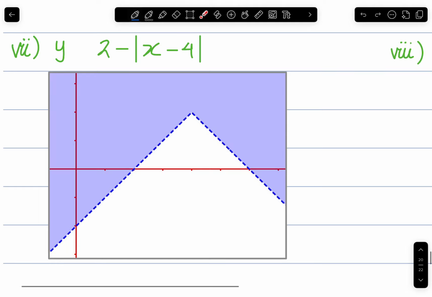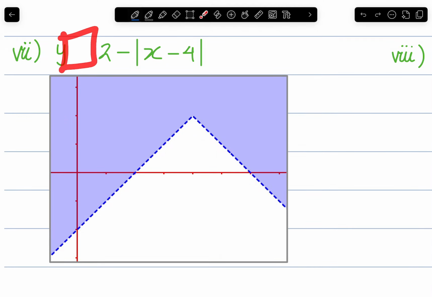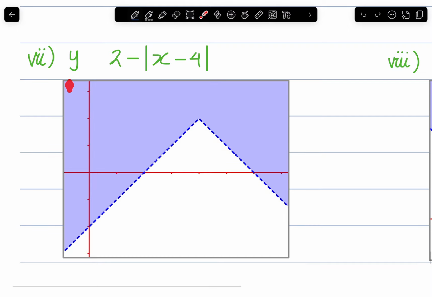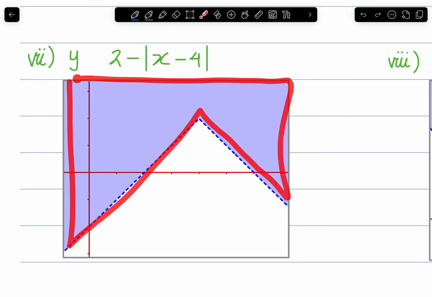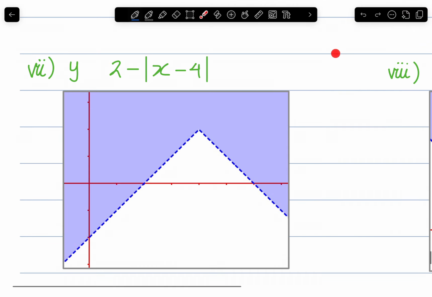Same deal with these. I hope by now you can easily figure out which direction the inequality symbol is going. In this case, since we do want the region above the sketch of this graph, y needs to be greater than this equation. That's why that will be the correct inequality symbol.